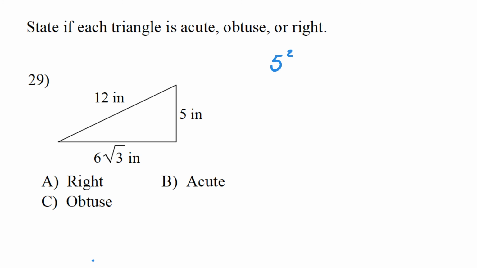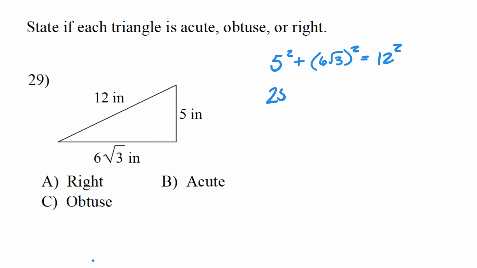Remember our rules: leg squared plus leg squared equals hypotenuse squared. If they are equal, then it's a right triangle. If they are not equal, then it's either acute or obtuse. We'll see which one it is.